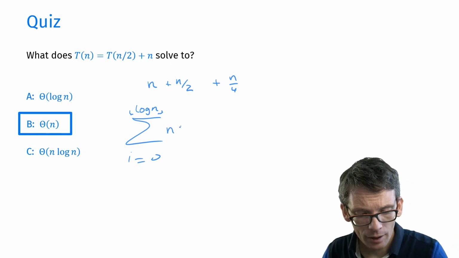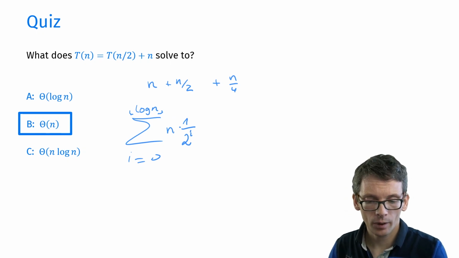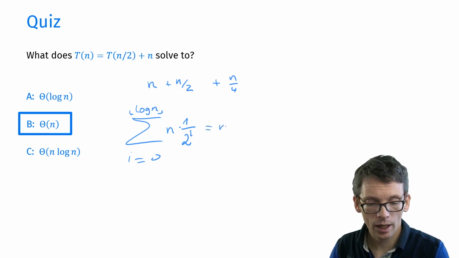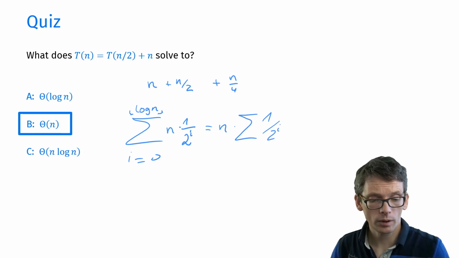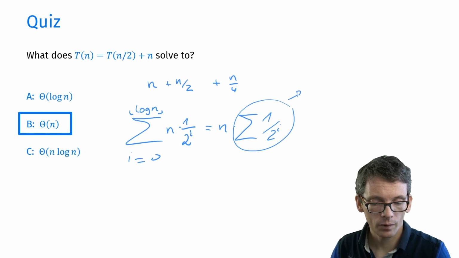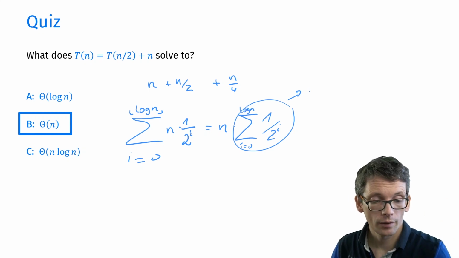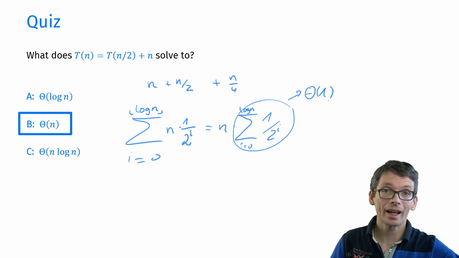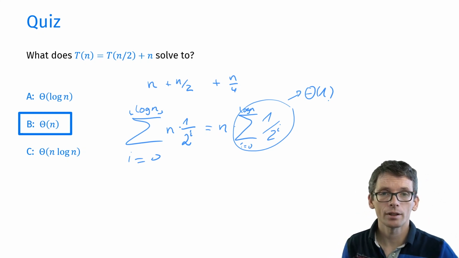So this is n times 1 divided by 2 to the i: n times 1/2, n times 1/4, and so on. This is the same as n times the sum of 1 divided by 2 to the i. It's actually not that important that it goes to log n, because even if we would go to infinity here, this sum is a constant. 1 plus 1/2 plus 1/4 plus 1/8 and so on always stays smaller than 2. And that's why this recurrence solves to theta of n.